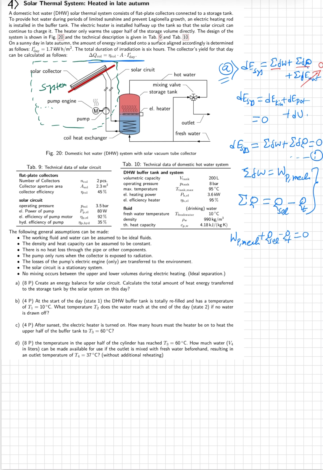So here I can write it down. W pump mechanical: we know power means work upon time, so work will be power into time.